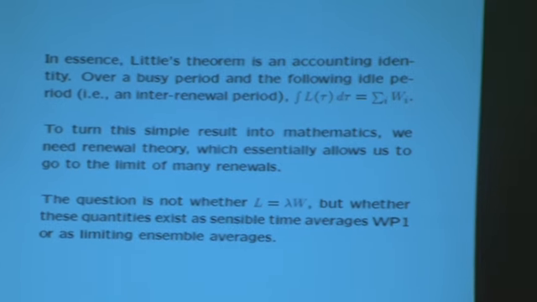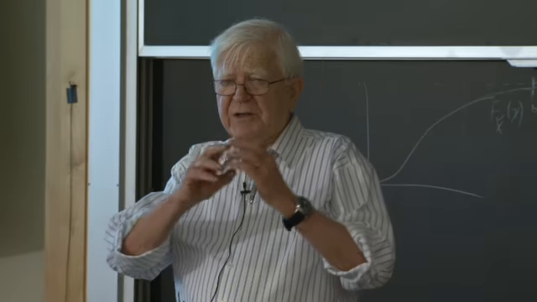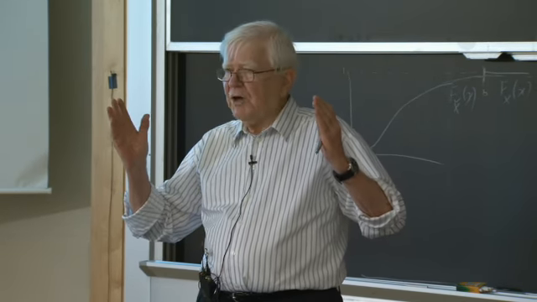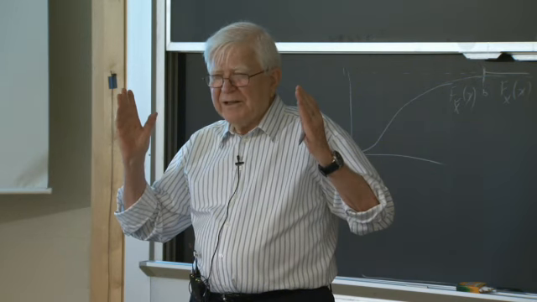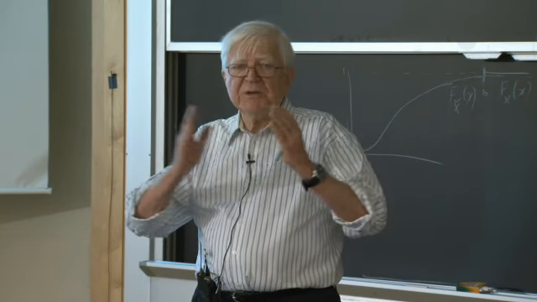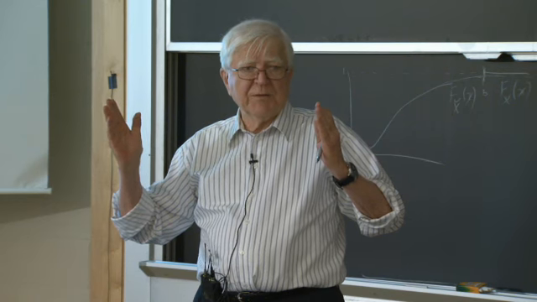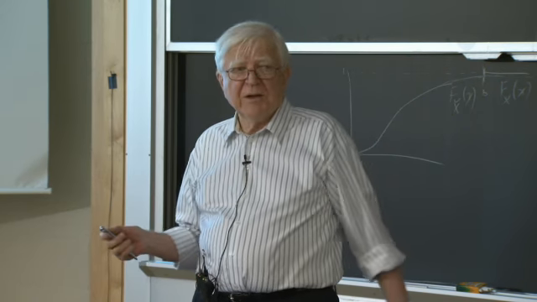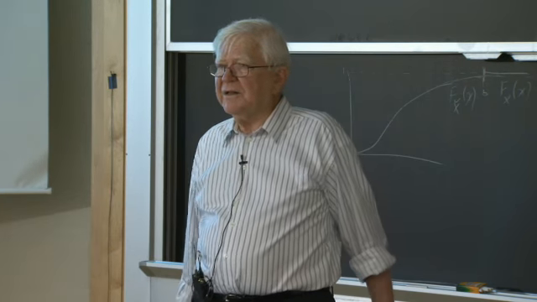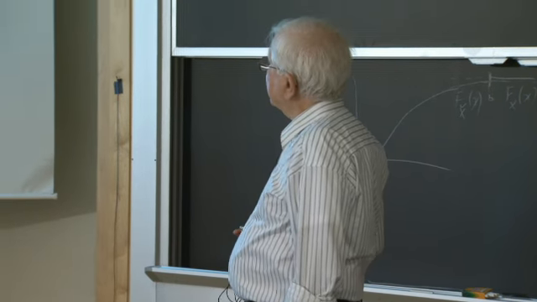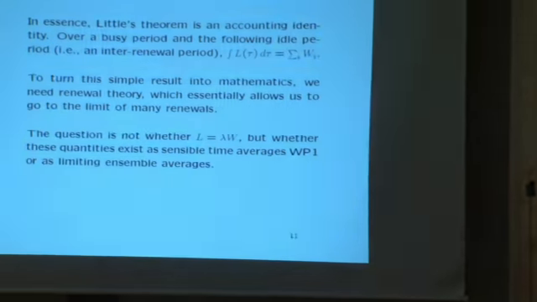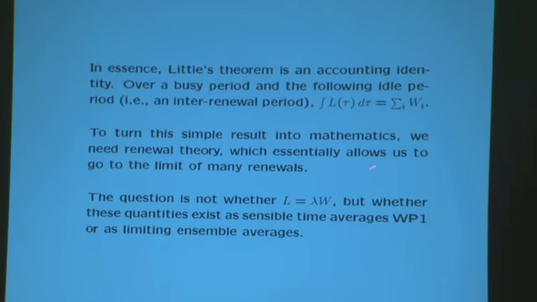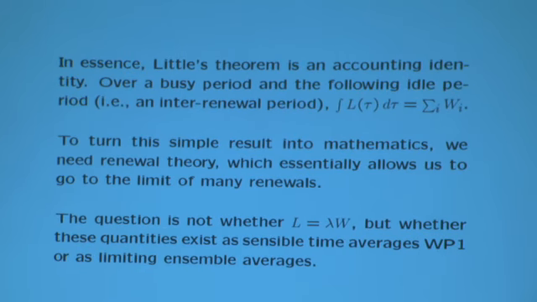It was this first thing we brought out, that this integral of L of t over one interrenewal period was equal to the sum of the waiting times over that one renewal period. All of the mathematics and all of the stuff we've been struggling with have all been concerned with showing that when you go to the limit as t goes to infinity, all of these things make sense.